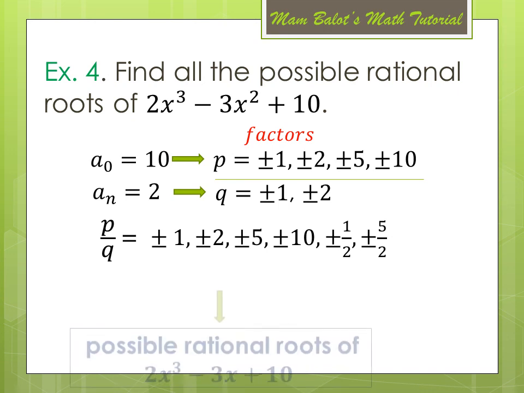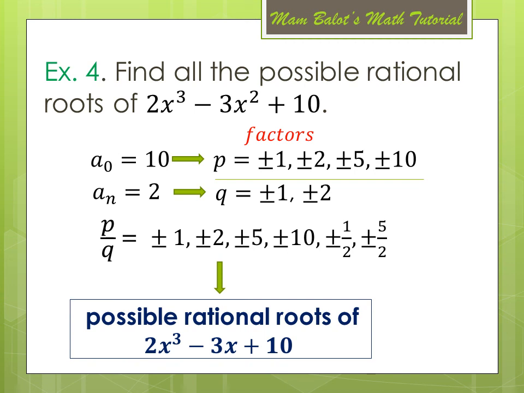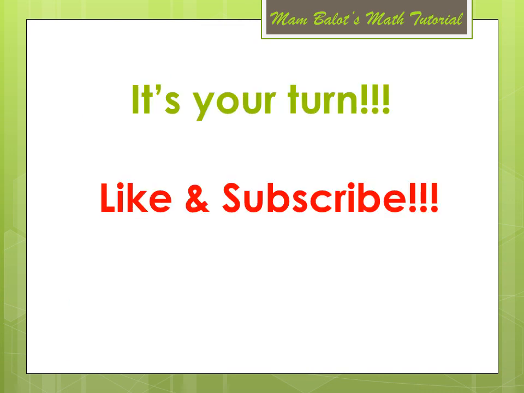So these numbers are the possible rational roots of 2x cubed minus 3x squared plus 10. We will discuss in the next lesson how to use these possible rational roots in actually finding the roots of a certain polynomial. Now it's your turn to answer your modules.